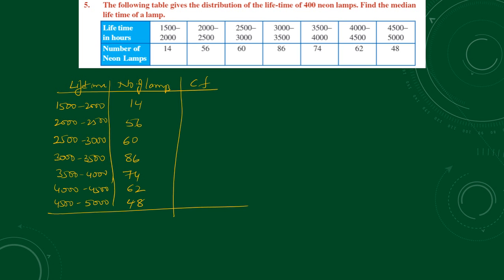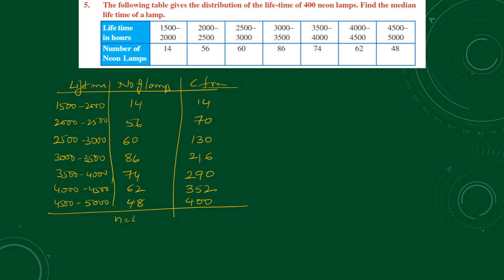Next, finding out the cumulative frequency. 14, 14 plus 56 is 70, 70 plus 60 is 130, 130 plus 86 is 216, then 290, next 352, next 400.